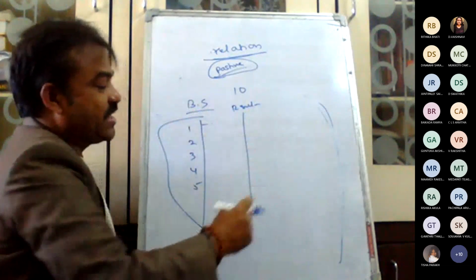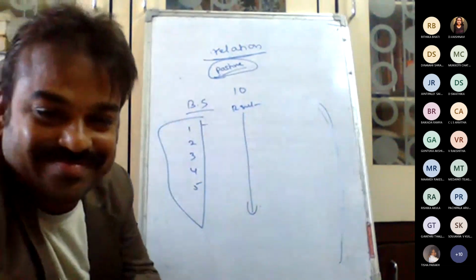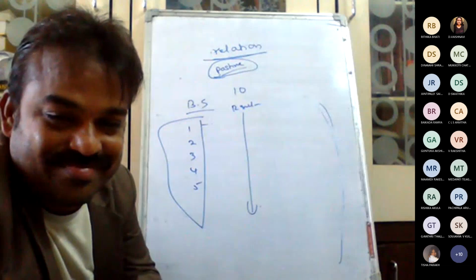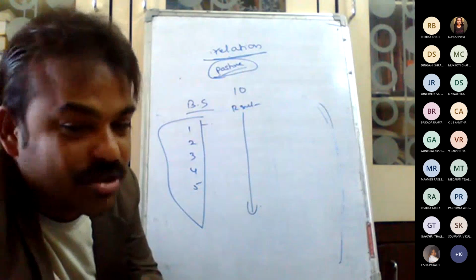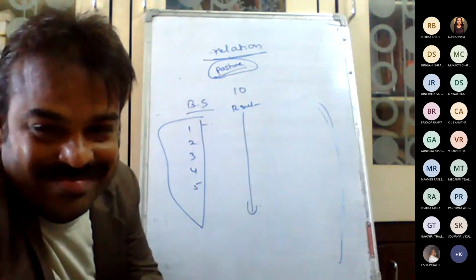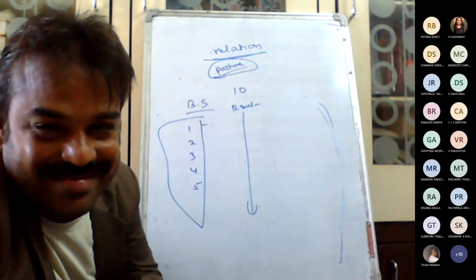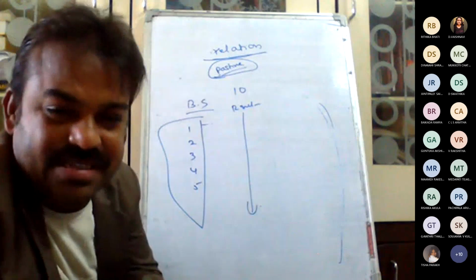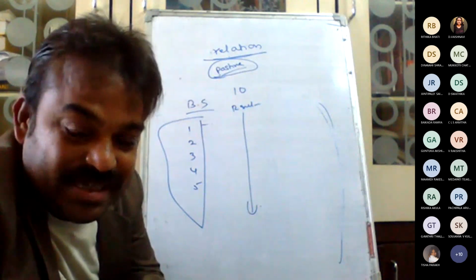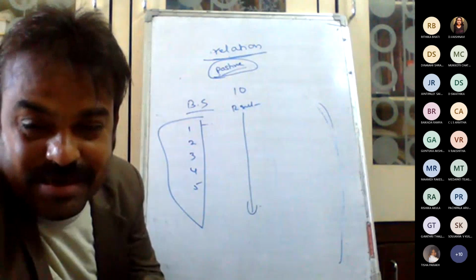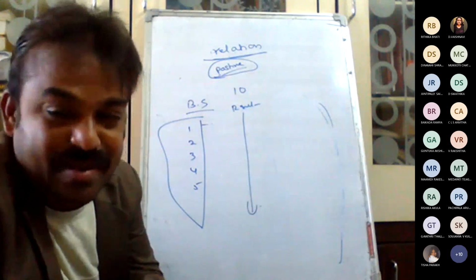What is the effect on the result? We don't know. Correct? Yes, sir. If I took more classes, the result will be affected, more percentage of the result or less percentage of the result, whatever it may be.